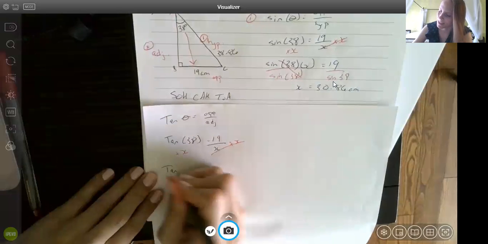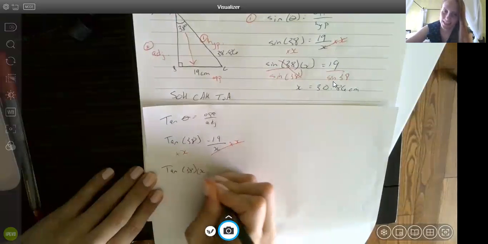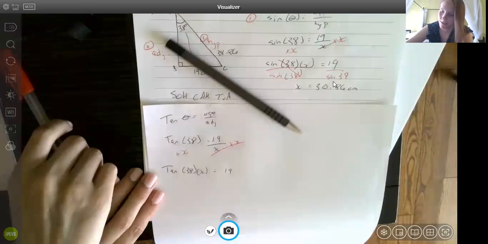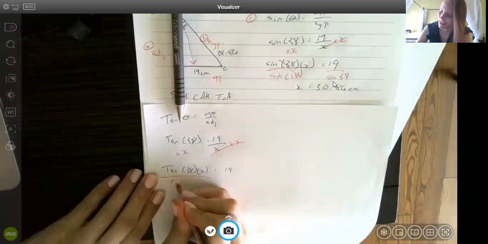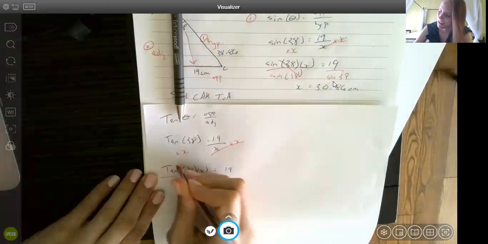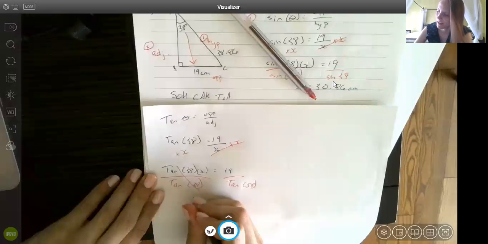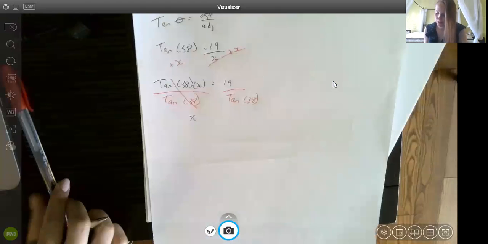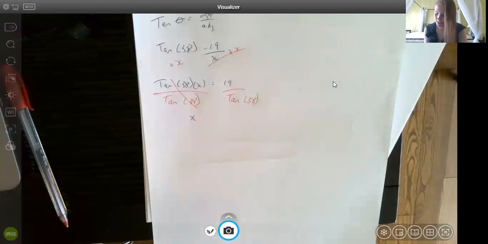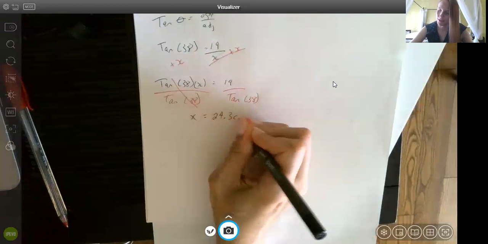That's going to leave me with the tan of 38 times x equals 19. And of course, in order to isolate the x, I'm going to divide by the tan of 38 on both sides. Then I'll just plug that into my calculator. So 19 divided by the tan of 38, and I get 24.3 centimeters.